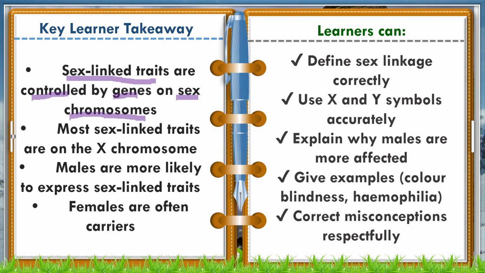We have also said that most sex-linked traits are on the X chromosome, and that the males are more likely to express sex-linked traits. For the females, they are often carriers.